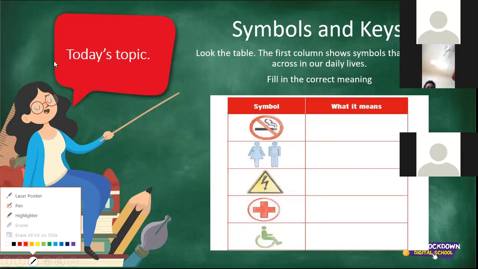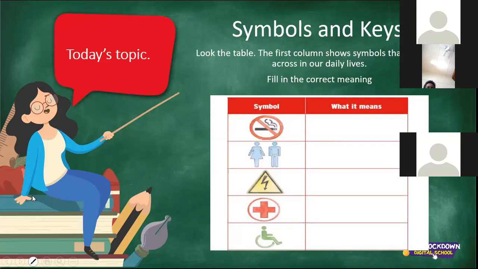The first column shows symbols. Are you with me? The first column shows symbols that we come across in our daily lives. I believe if you can go to town, you are going to see these kind of symbols. Even at our schools, they are there. So I want you guys to fill in the correct meaning of these symbols, okay?